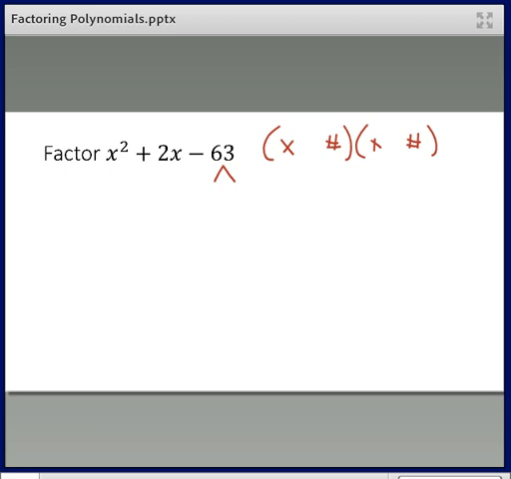This time I need factors of 63 that subtract to equal 2. What are some factors of 63? The first two that come to mind are 7 and 9. 7 times 9 is 63, and 9 minus 7 is 2. So those are the two factors that I need to use. So I build my factors.